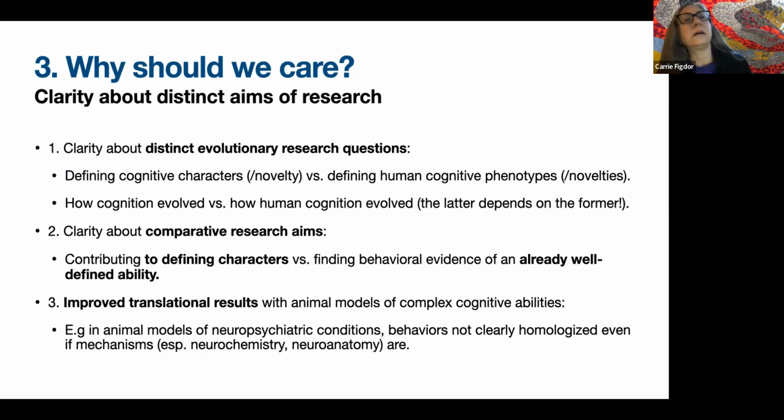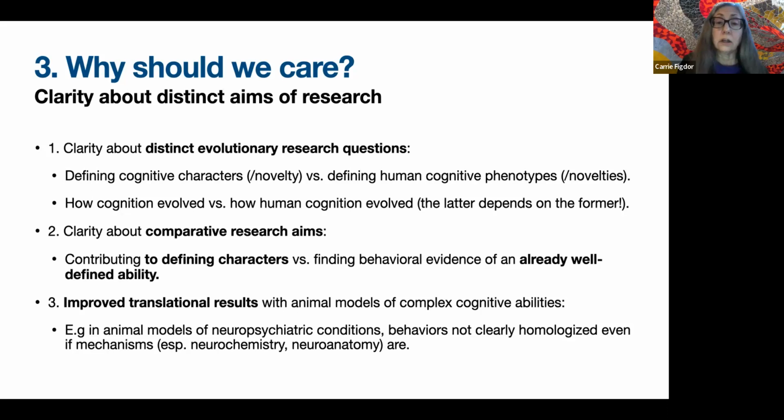I think, first of all, if we could get psychology as a whole to think about its subject matter the way that evolutionary biologists and biologists in general do, I think it would help clarify certain distinct evolutionary research questions. For example, trying to define different cognitive characters and novelty versus defining human cognitive phenotypes, right? I mean, those are two different things.